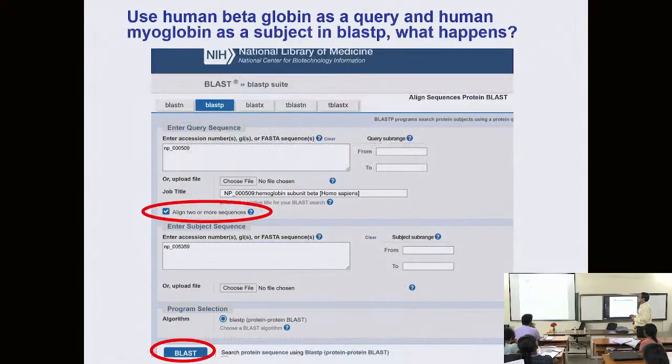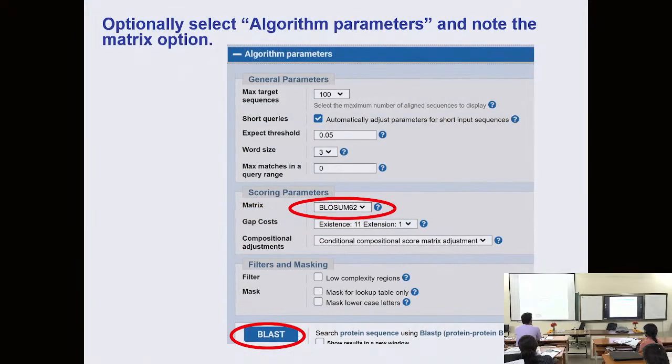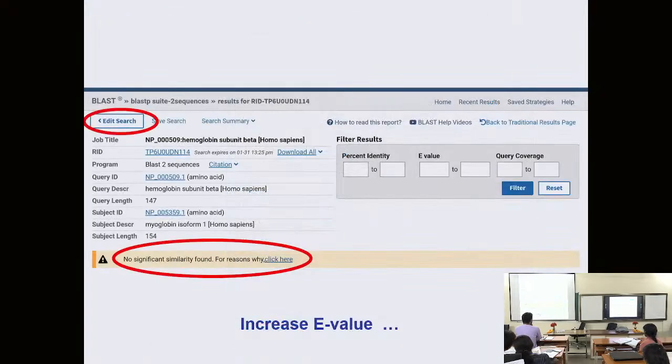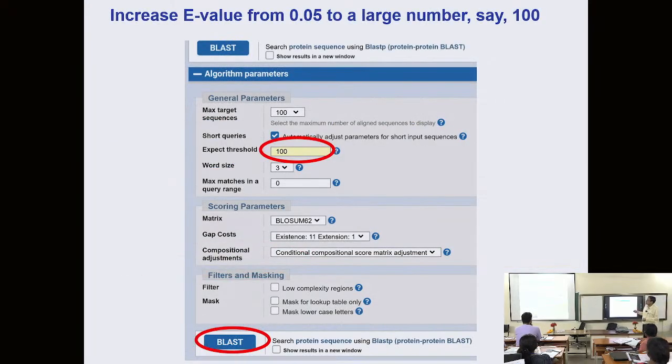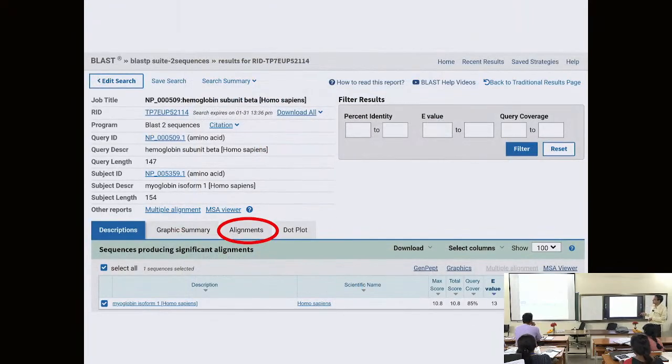Okay, so we did this. And this is the problem which you just did, aligning beta globin with myoglobin. When you did this, it returned no significant similarity. Then you changed the parameter expect threshold value to 100 or 1000 or whatever, and then it returned the alignment with 16% identity.